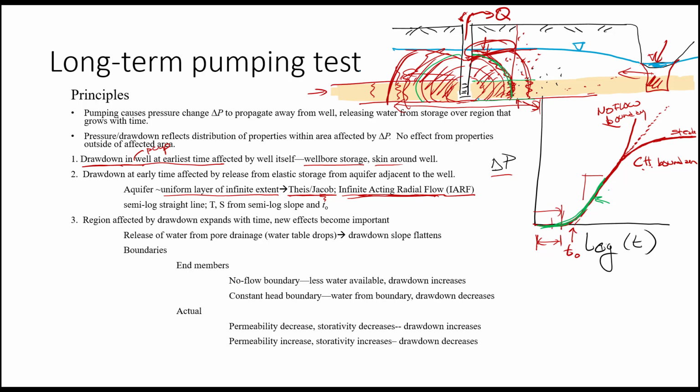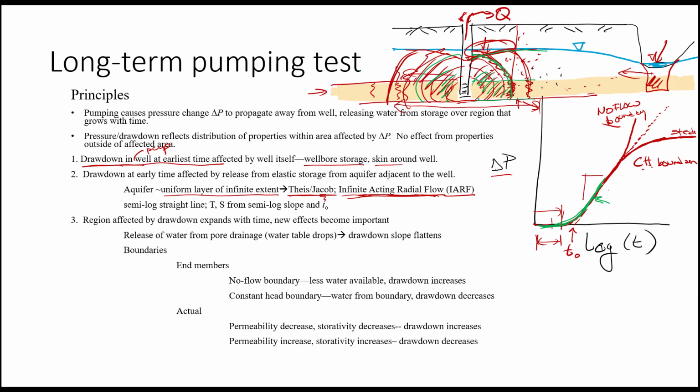But my point is that early on, we're going to have the drawdown affected by just the elastic storage. But then once we reach the water table, the rate of drawdown will start to diminish because we're going to have water released from storage as we start to drop the water table.